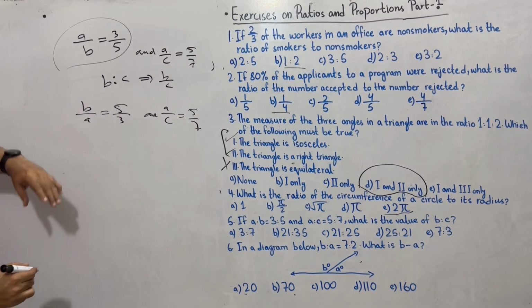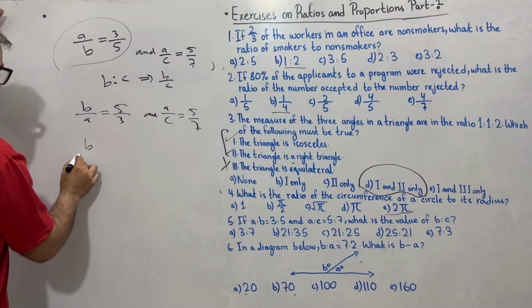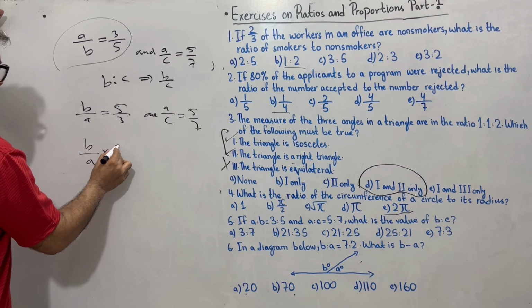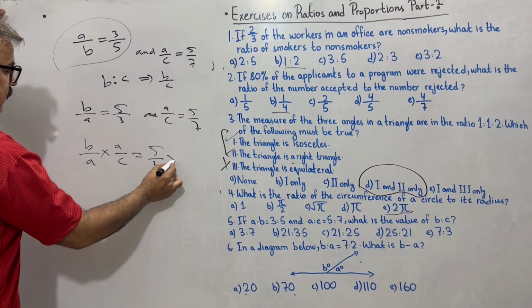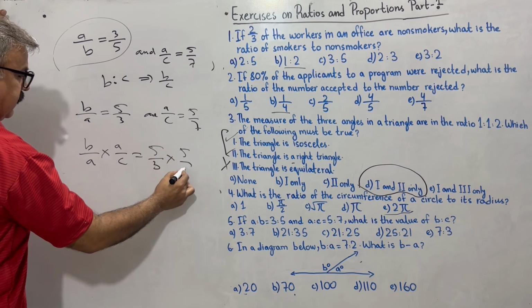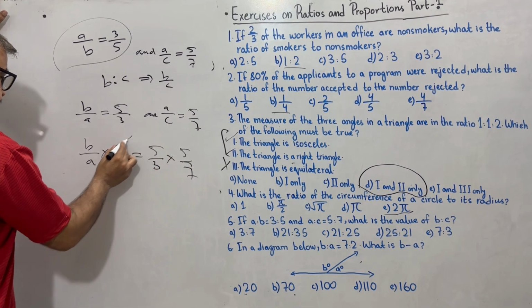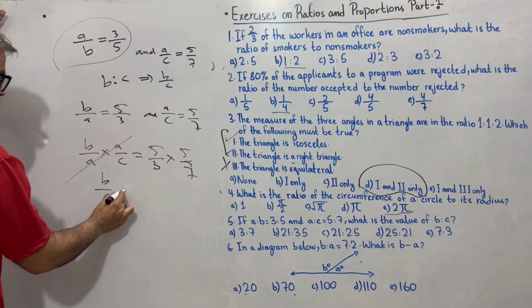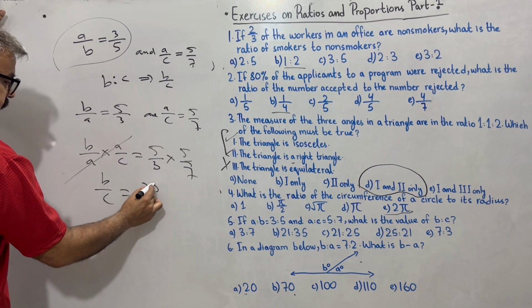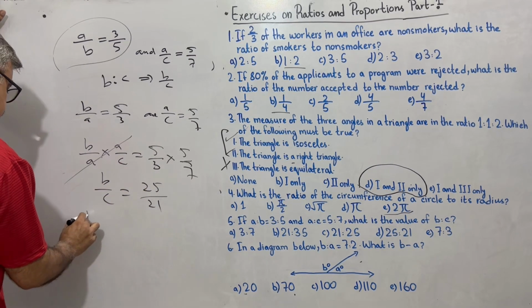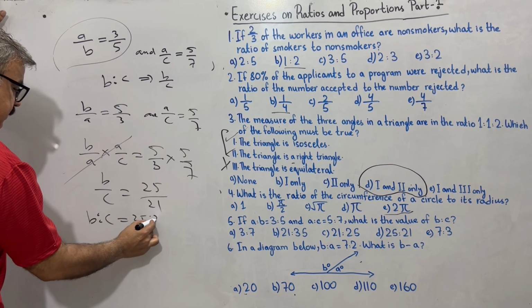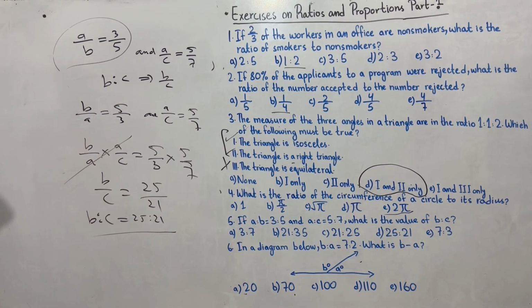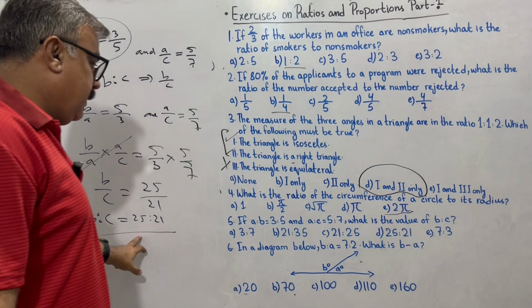Now just multiply them: B over A times A over C is 5 over 3 times 5 over 7. A cancels, and I have B over C. 5 times 5 is 25, 7 times 3 is 21. So the ratio of B to C is 25:21.